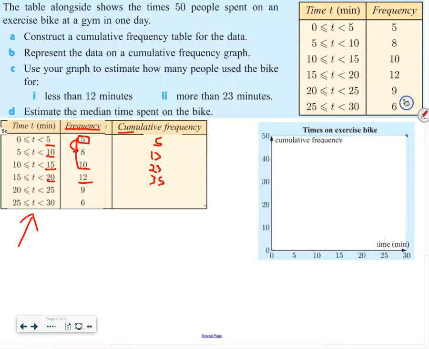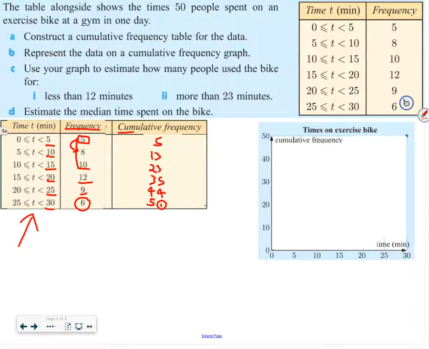And then how many people stayed on from 0 to 25 minutes? Adding those additional 9, we get 44. And then with the last 6 that stayed on from 25 to 35 minutes, I get 50.